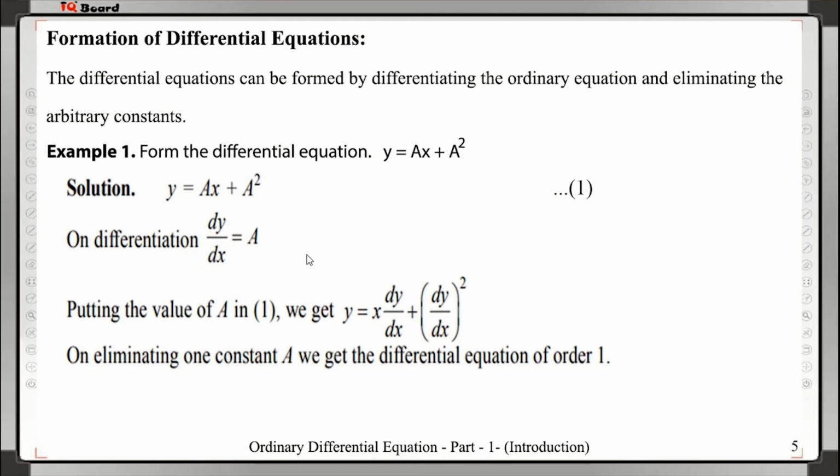Now use the value of a, dy by dx, in equation number 1. We get y equals to x remains same, and a is replaced by dy by dx, plus again a is replaced by dy by dx, so we get (dy upon dx) whole square.